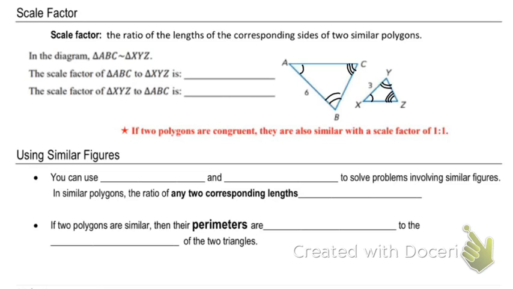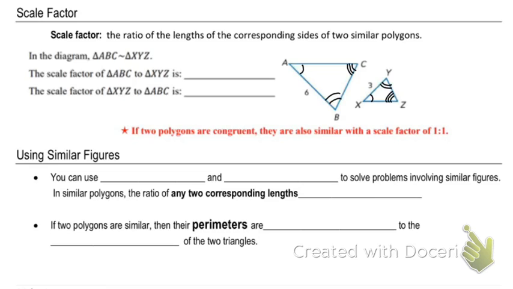I state that because we have to make sure that 3 and 6 are supposed to match up together. And in fact, they do, because A is congruent to X and B is congruent to Y. So that 6 and 3 are going to match up.